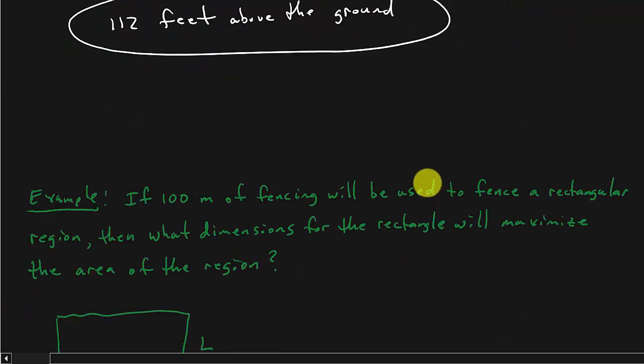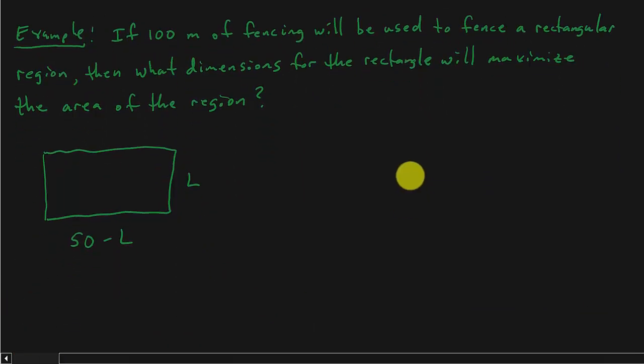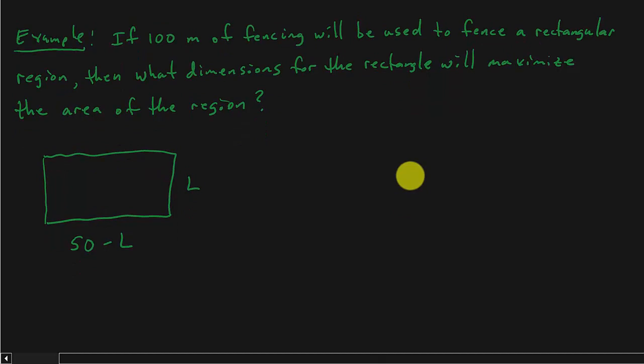Okay. All right, so let's look at this one. Well, look, this is the same thing. If 100 meters of fencing will be used to fence a rectangular region, then what dimensions for the rectangle will maximize the area of the region? So we want a maximum area.